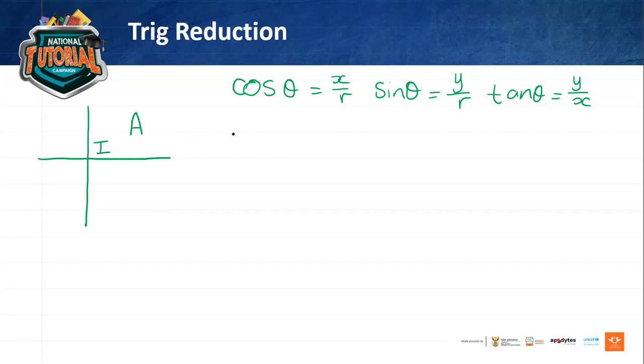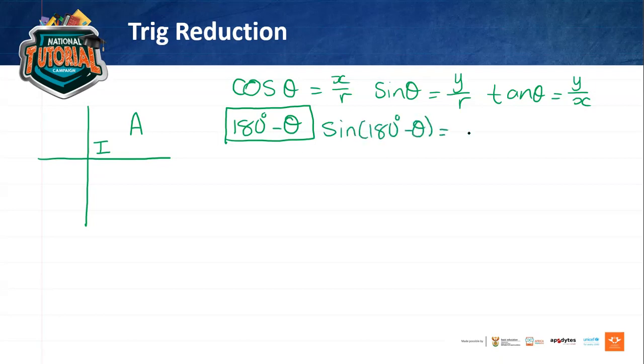When we got into quadrant 2, remember we dealt with 180 degrees minus theta. That would give me angles in quadrant 2. And we saw that sine of 180 degrees minus theta was equal to sine of theta, what I discussed on that first slide. So I'm just summarizing it here for you.